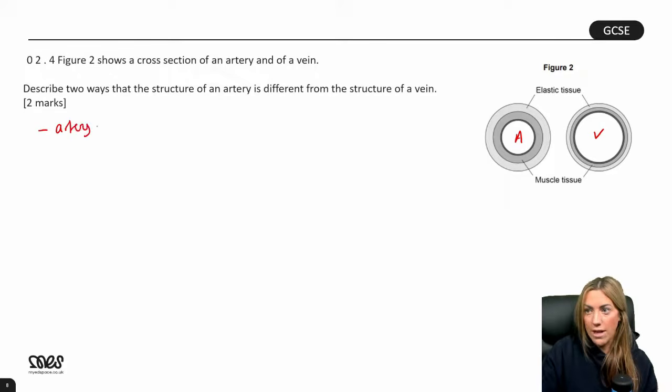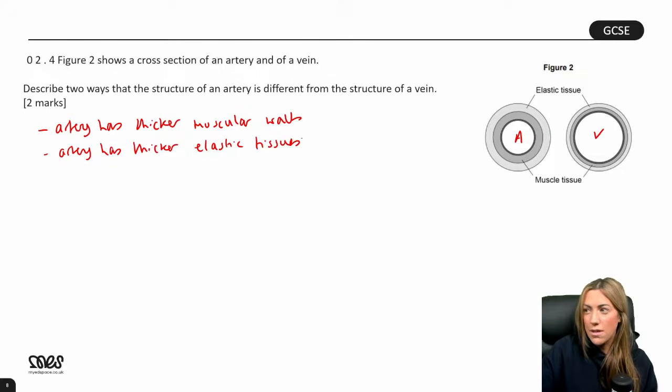So, artery has thicker muscular walls or thicker muscular tissues. Artery has thicker elastic tissues or elastic walls or elastic fibers.